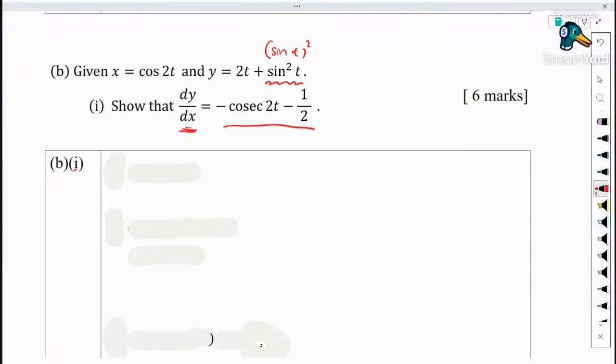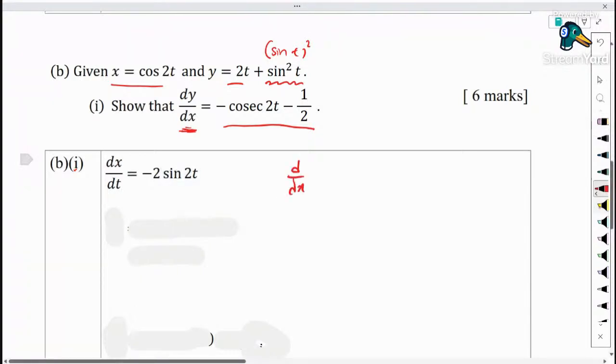In order to find dy/dx, first let us differentiate x and also differentiate y with respect to t. When I differentiate x with respect to t, my answer is negative 2 sine 2t. How do I get this answer?